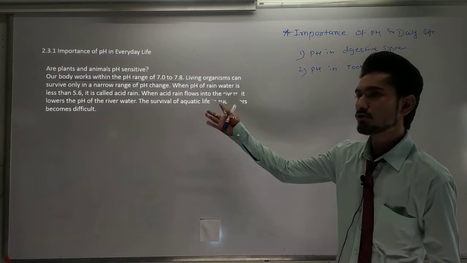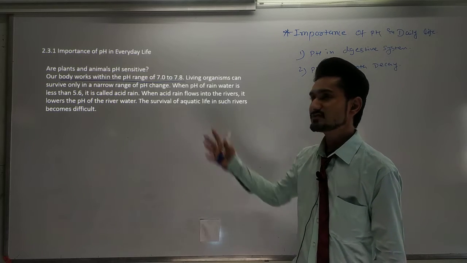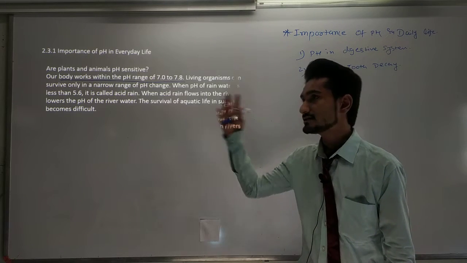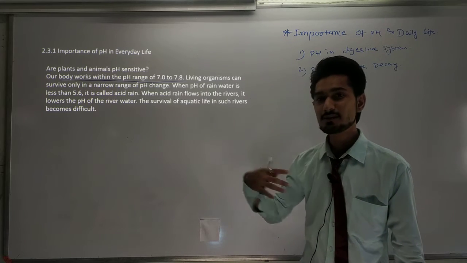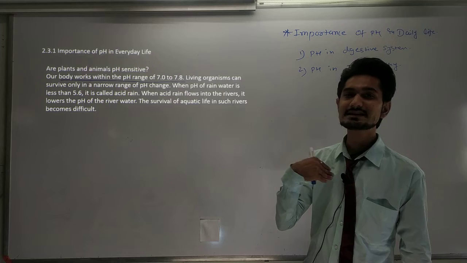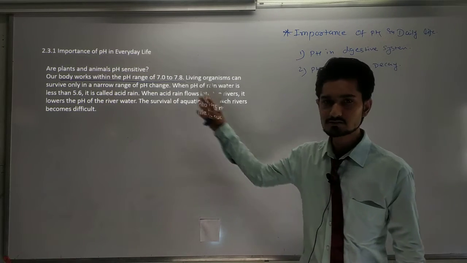If I don't know what pH, the power of hydrogen, is, then this value will not occur in my mind, and this will also not give me the reference idea that my body works within a basic nature. You can see that it works at 7 to 7.8, which comes in the base.